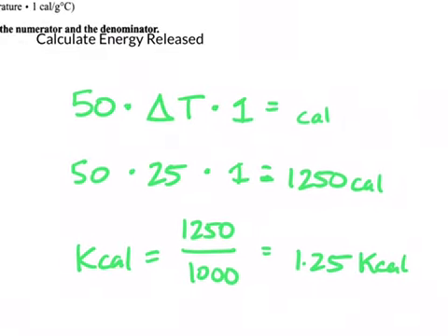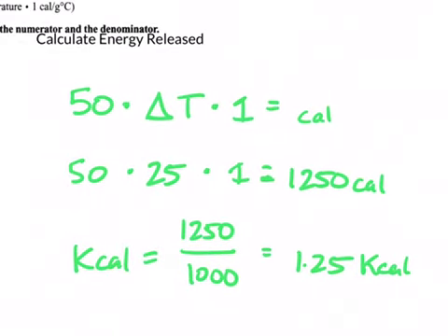When you are working this out with the formula, you just plug in the numbers where they belong. We know that we've got 50 grams right here, and we're going to find our change in temp, and then multiply it by 1.